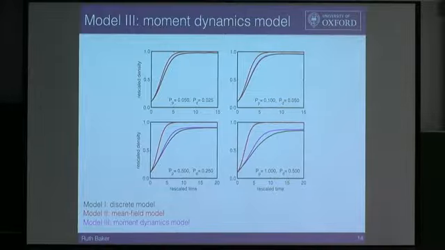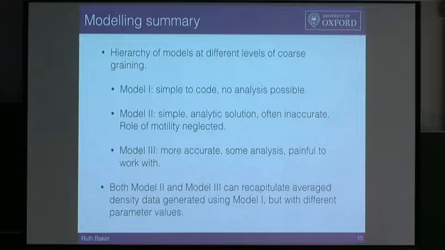Okay. So that's as much of the modeling as I'm going to show. But to summarize, I've got a hierarchy of models where model 2 and model 3, the mean field model and the moment dynamics model, are essentially coarse-grained descriptions of my initial very simple model 1, which is this on-lattice exclusion process model.